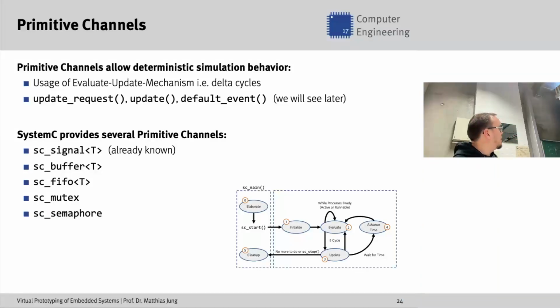And this is, as I said, usually an exam question, so you should understand what the request update is doing, the update, or the default event, and how that interacts with this discrete event simulation kernel.